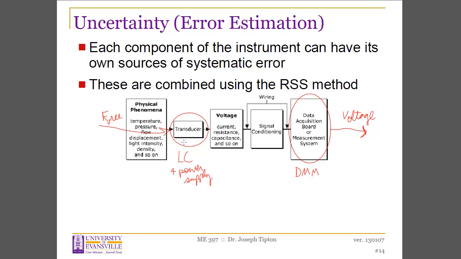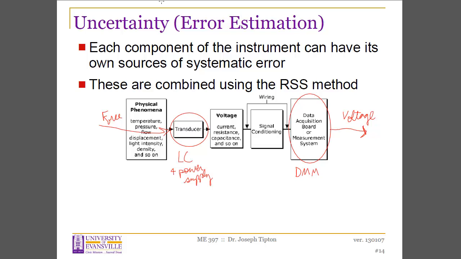The load cell, we would look at the specification sheets from the manufacturer to get the linearity, repeatability, hysteresis, all those types of possible error sources that have been calibrated by the manufacturer, and we combine those using the root sum square method to get the uncertainty of the load cell. And then finally we can combine all of those together using the root sum square method to end up with the uncertainty of the force measurement.